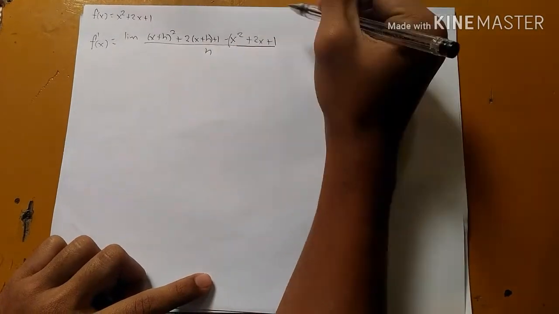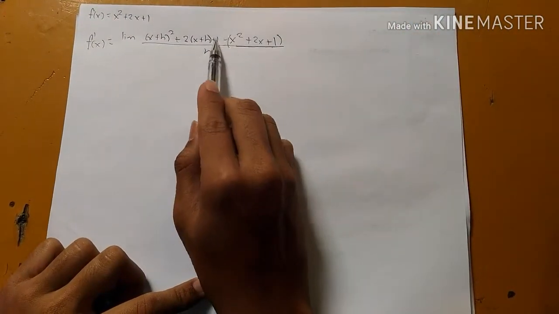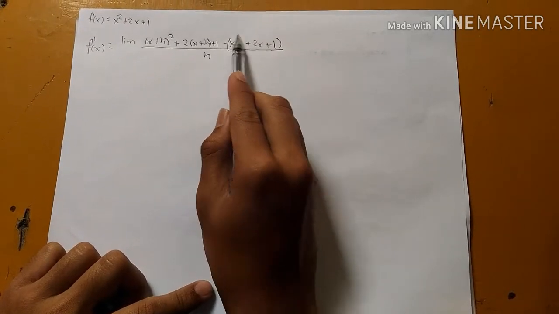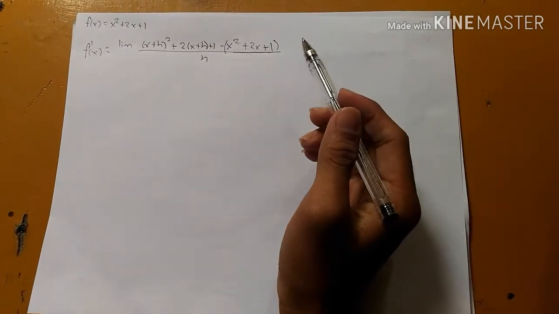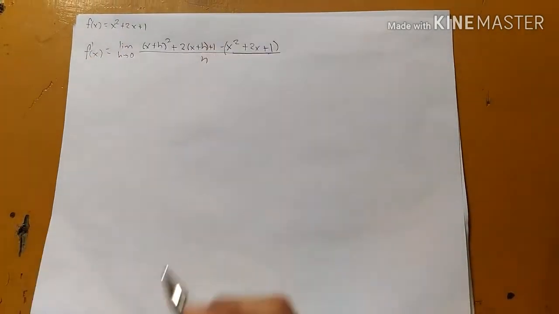You need to put parentheses here so that it indicates that the negative is distributed to each term inside the parentheses, as h approaches 0.